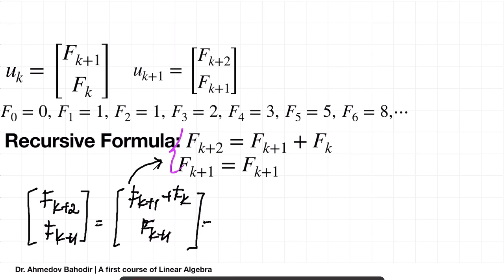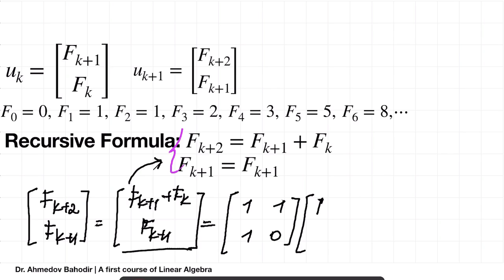So essentially, we can write down this matrix here. This vector can be written as the multiplication of a matrix by a vector. So essentially, I can write this as the matrix 1, 1, 1, 0 times the vector fk plus 1 and fk. You can quickly check that if you multiply this row by this column, you're going to get this one. If you multiply this row by this column, you're going to get the second row.